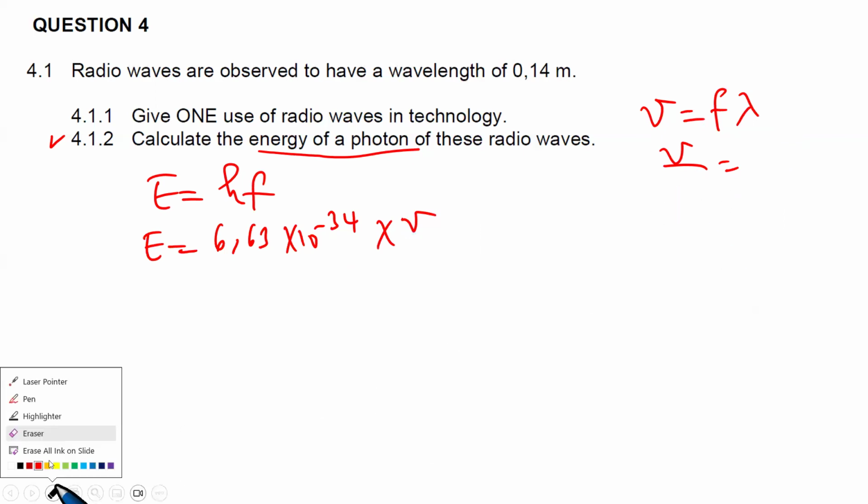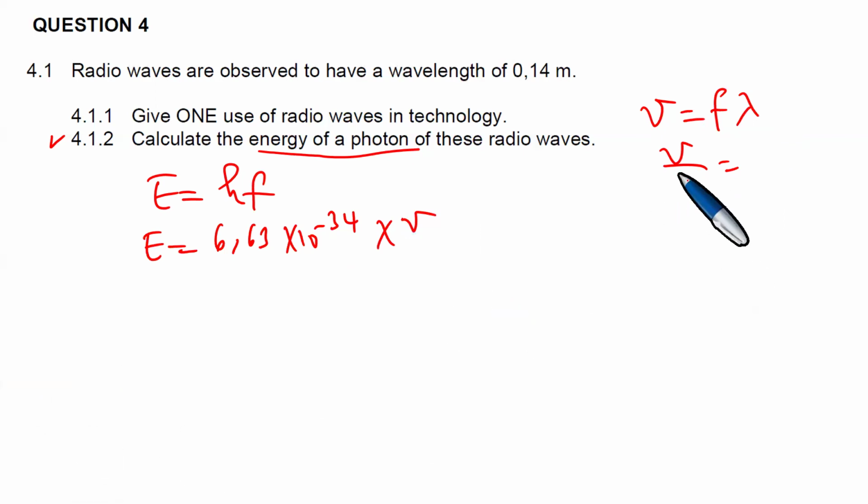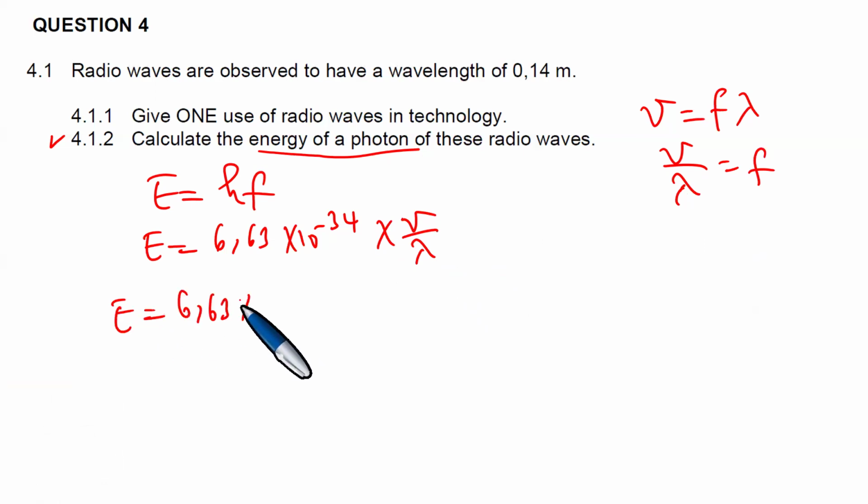Right, so in the place of frequency, you put speed over wavelength, which is 6,63 times 10 to the minus 34 multiplied by what is the wavelength? 0,14.